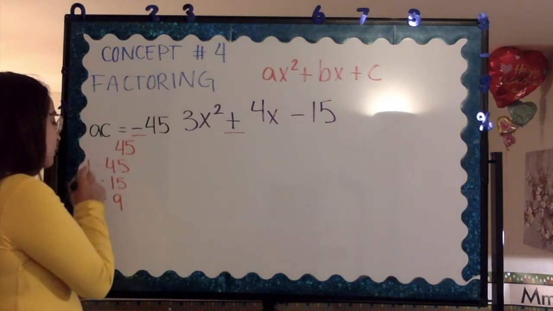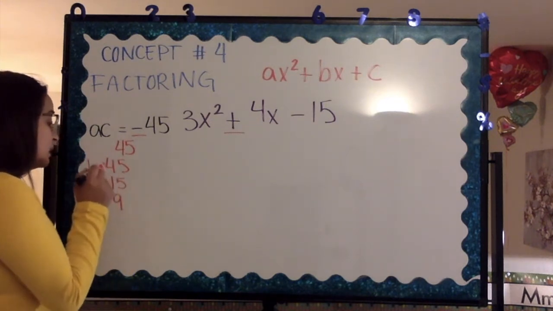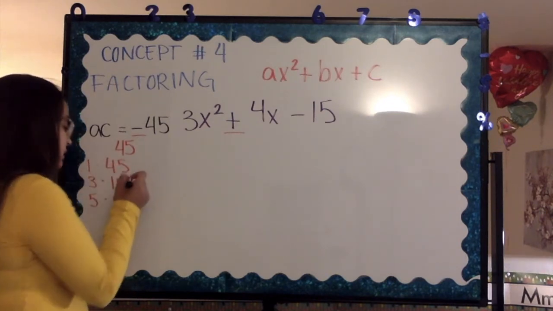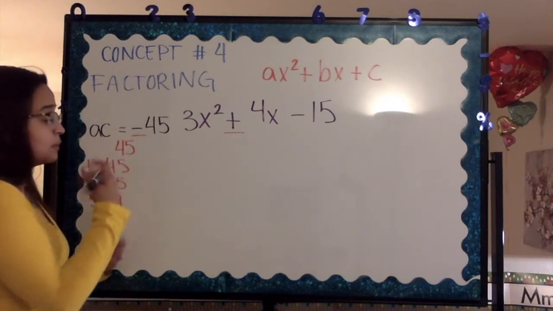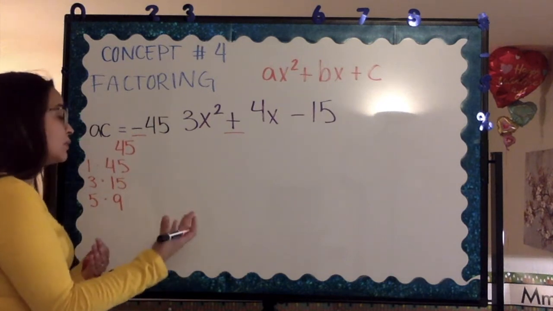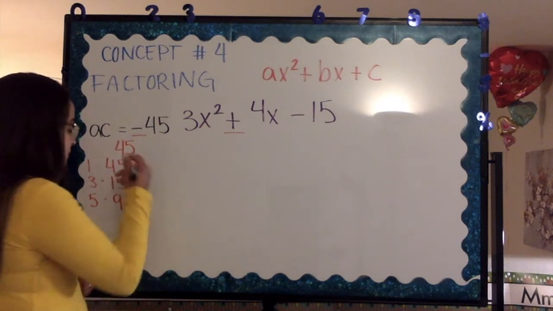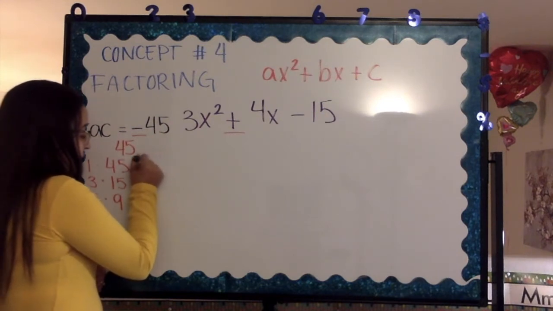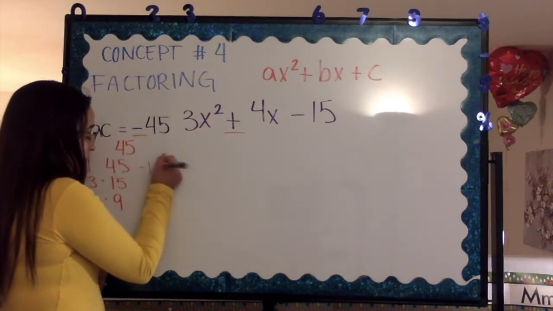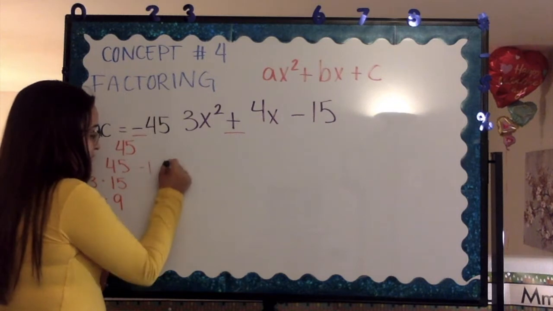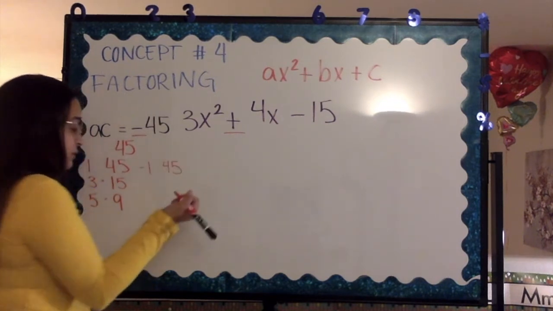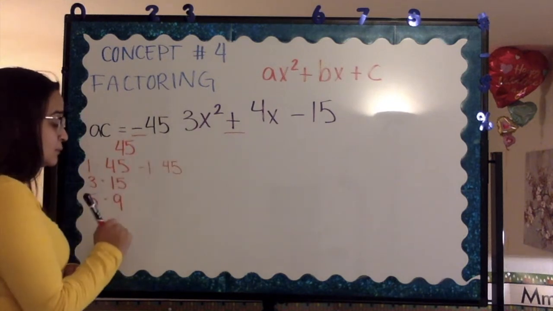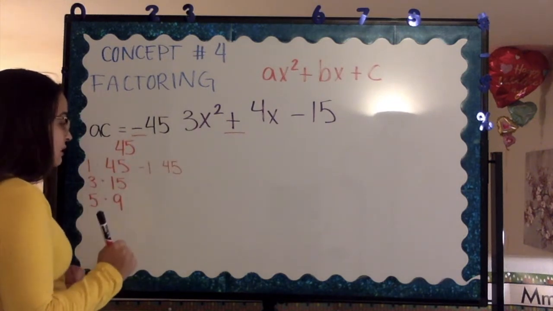We combine 1 and 45, it'll give us 46 if they're both positive, meaning that if they were both negative, they would give negative 46. So if we had a negative 1 times a positive 45, it'll give us a negative 45, but it'll also give us a positive 44, not just the 4. So that's not it.